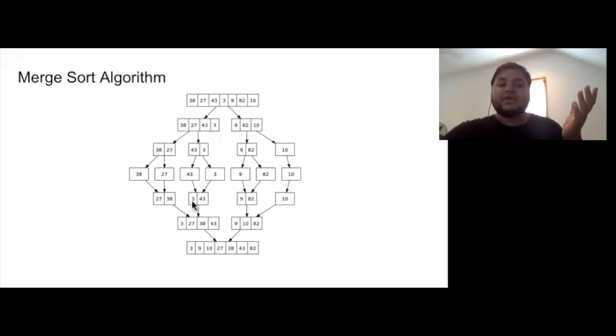We already took 3, so we have only 43 to compare. 38 is less than 43, so we'll take 38. And then we have only 43 left. So add that 43. In this way, this merge comparison and merging of the solutions will happen.